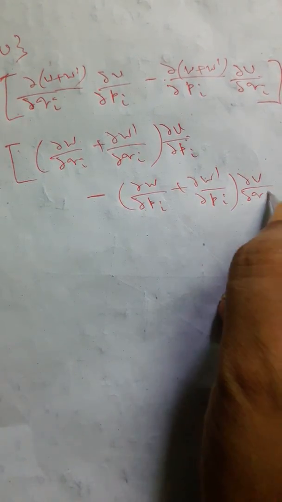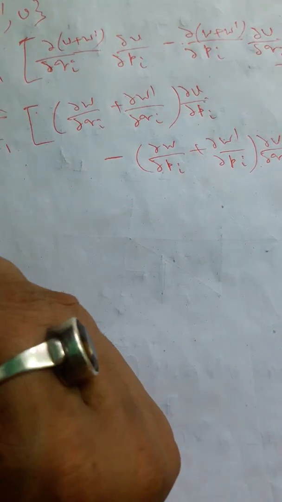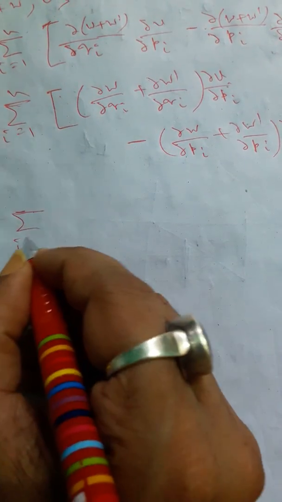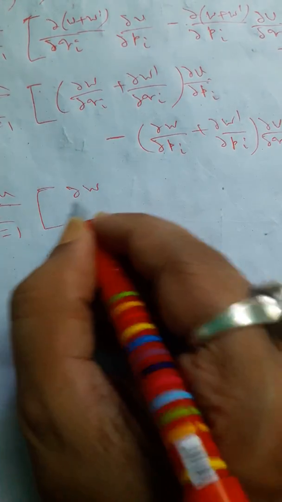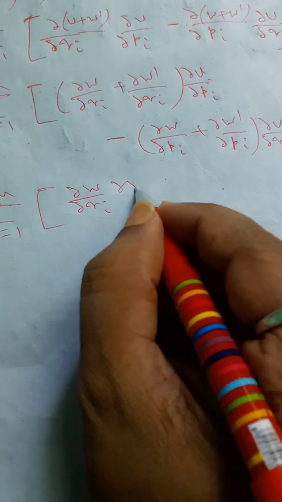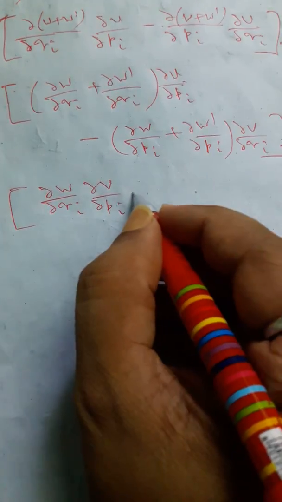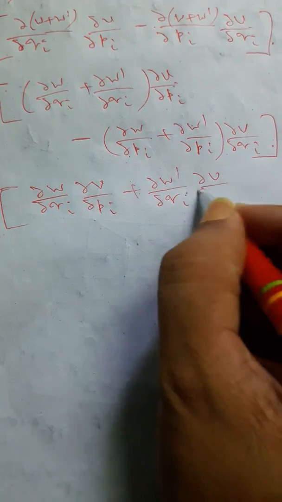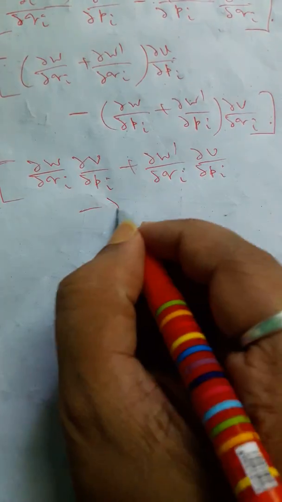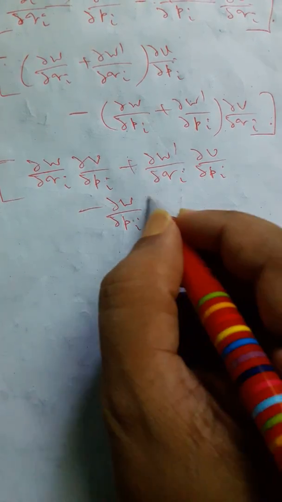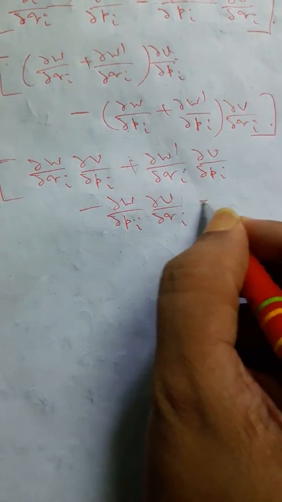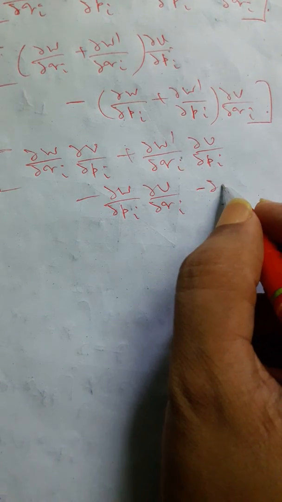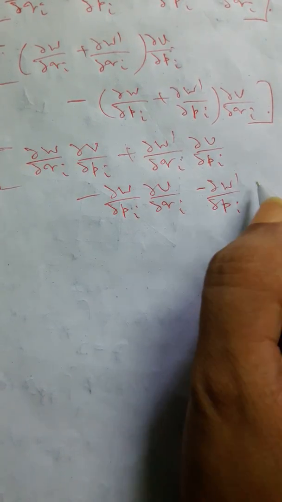If we break the bracket, sum of i equals 1 up to n, what will happen there? Del w del q i del v del p i plus del w dash del q i del v del p i minus del w del p i del v del q i minus del w dash del p i del v del q i.